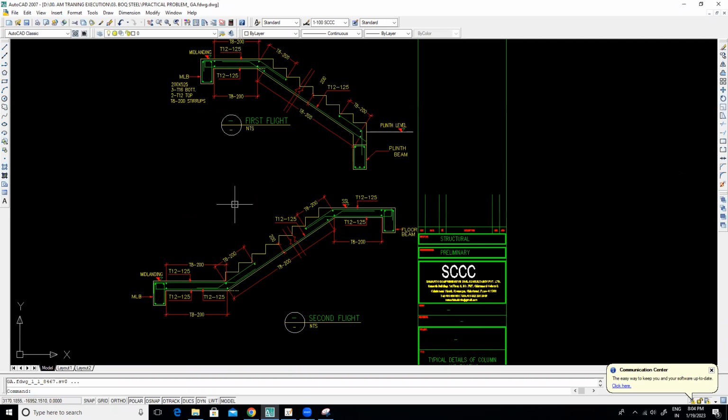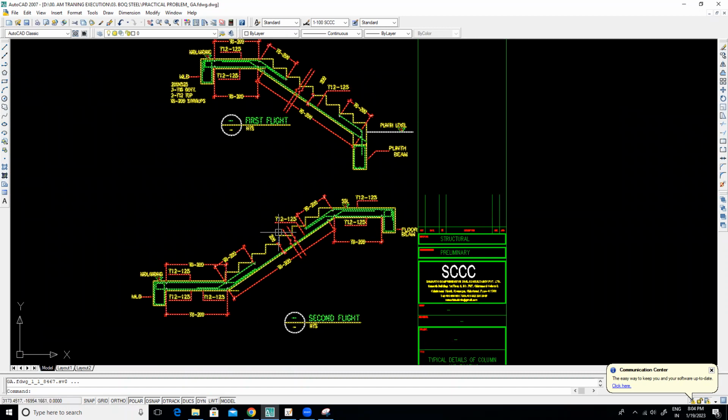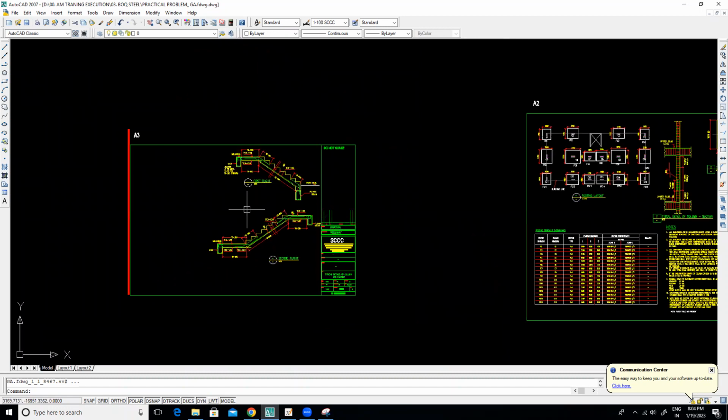यहाँ लिखा है क्या, नहीं अभी ये T12 at 125 है. So ठीक है, अभी स्टडी पर्पज के लिए लेंगे.